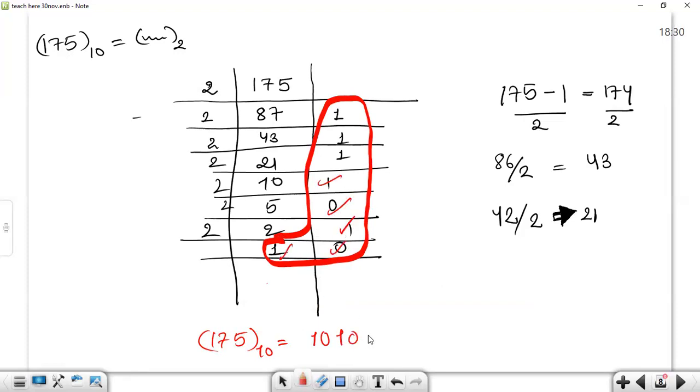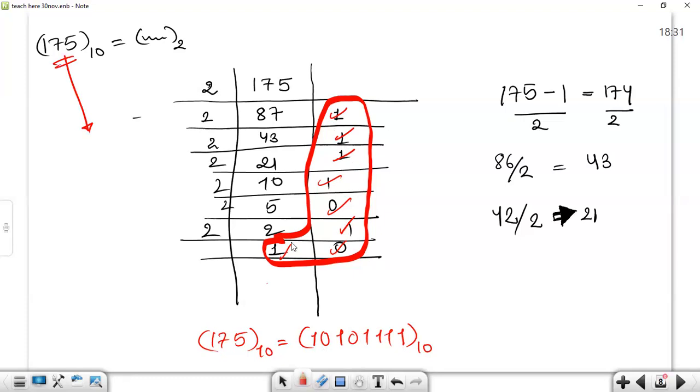Okay, then 1, then 1, then 1, then 1. So rechecking. Okay, this one is fine. So this is the binary number format for this particular given decimal number. Okay, clear? Any doubts? No, sir.